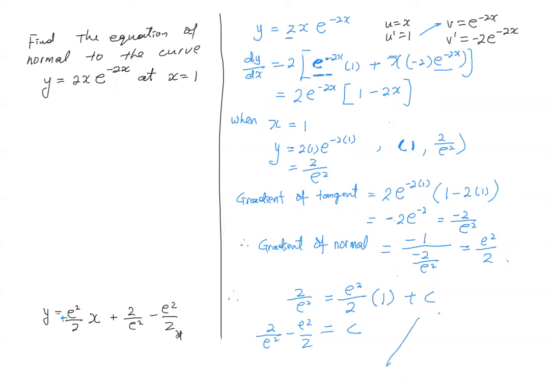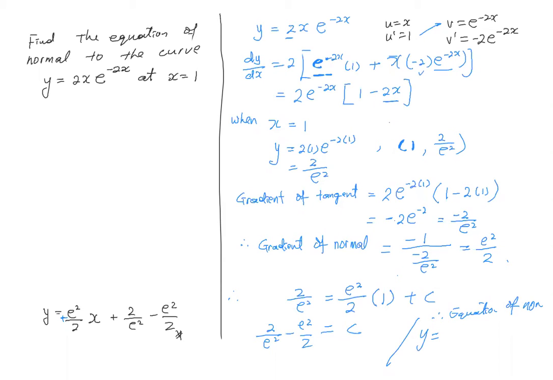Therefore, the equation of normal will be y minus 2 over e squared equals e squared over 2 x plus your c.